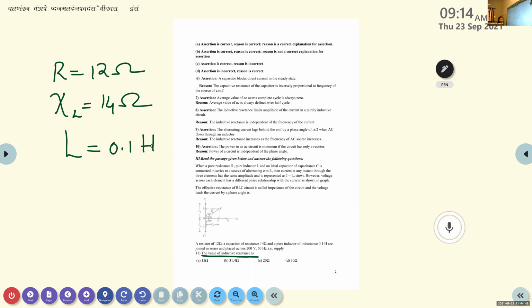They are joined in series and placed across 200 volt. 200 volt means Vrms. Vrms is equal to 200 volt, 50 hertz, f is equal to 50 hertz. Then what is the value of inductive reactance?